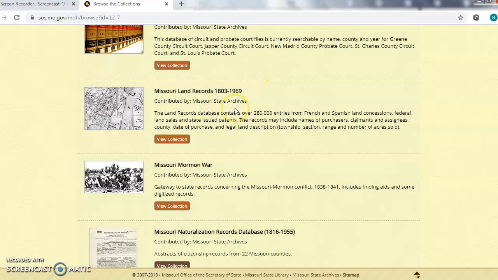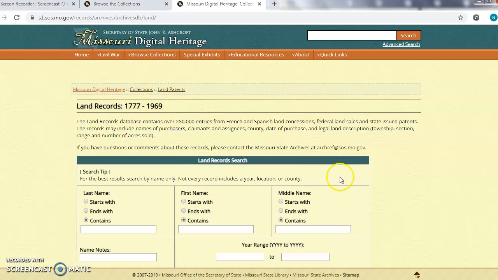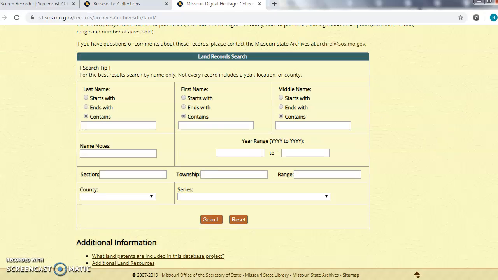So Missouri land records from 1803 to 1969, that might include the names of purchasers, claimants, and assignees. So this might be something to look at.